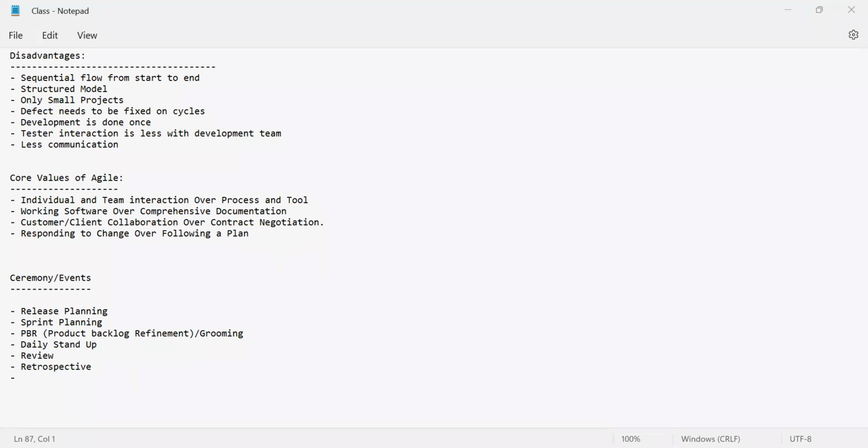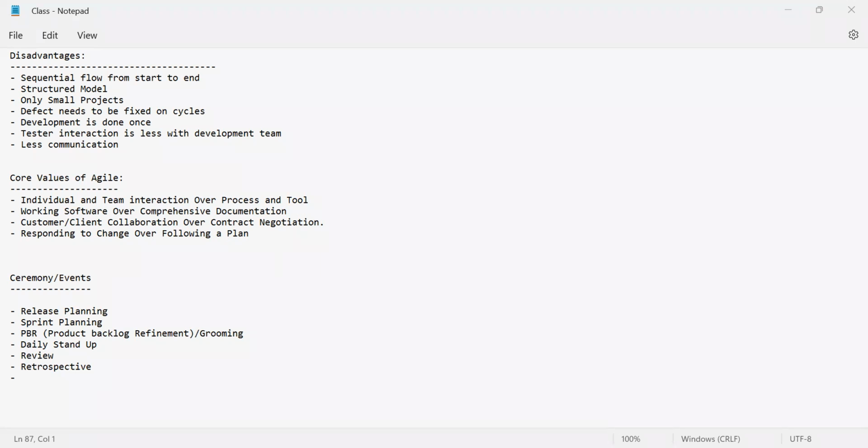And we will be discussing what a sprint means, for how many days the sprint cycle is considered, and what else can be discussed as part of Agile.